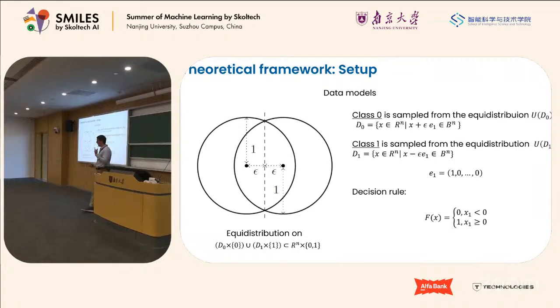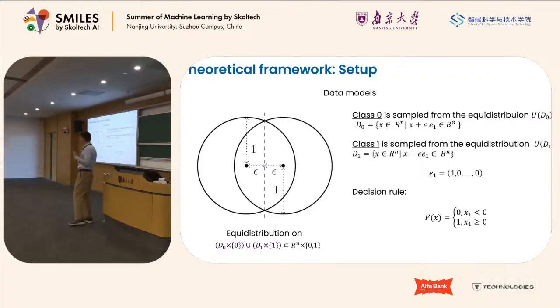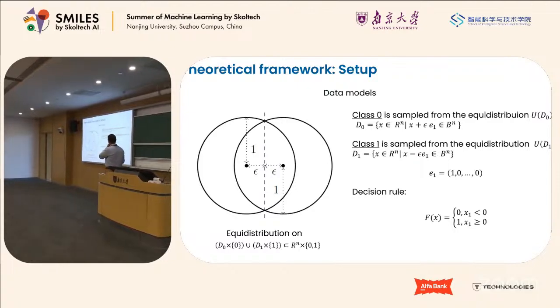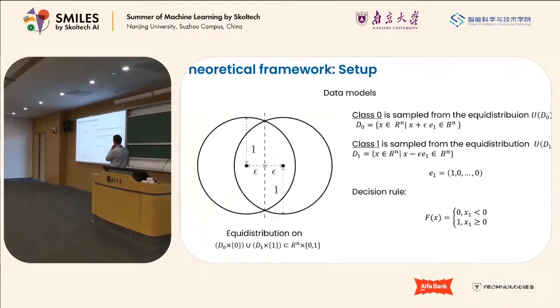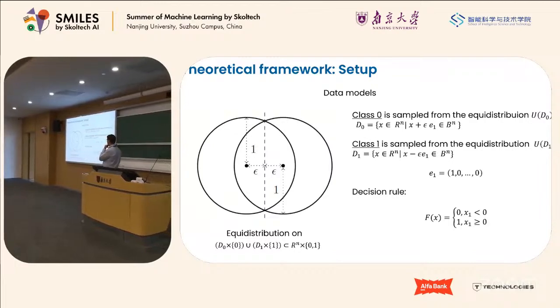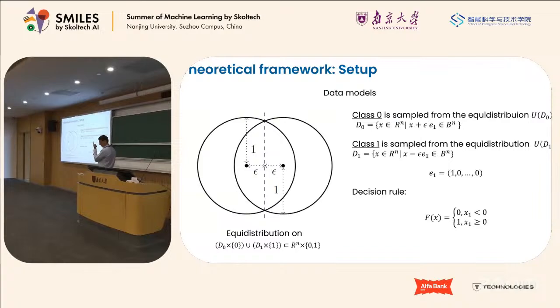I think I convinced you before already that this distance to decision boundaries can be small, from my previous experiments. Now, my decision rule is very simple. If x1, the first coordinate of my sample, is smaller than 0, then it's class 0. And if it's larger or equal to 0, then it's class 1. Very simple decision rule.